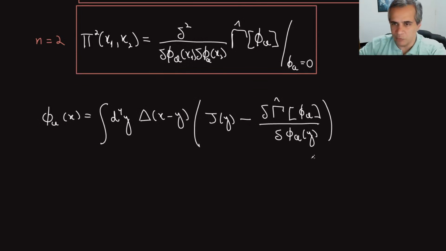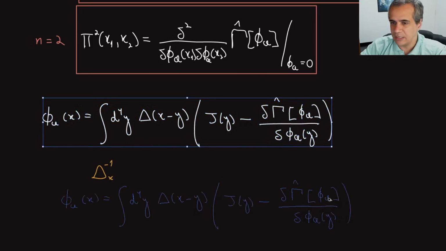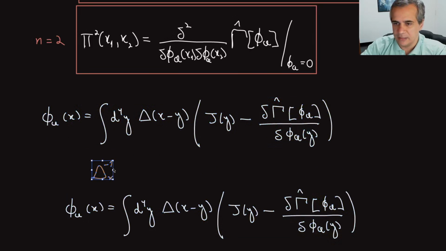And this is very useful because now I can apply the inverse of this propagator acting on x, because this is a function of x, on both sides of the equation. That means that I get this guy applied here.